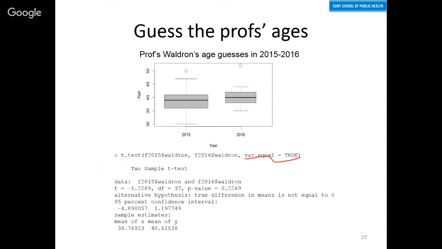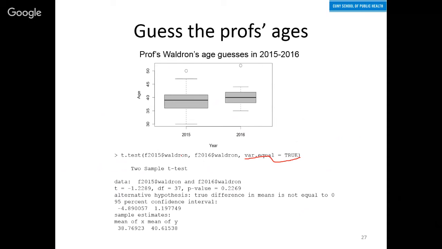No, it doesn't prove I'm immortal, and that's actually a good example of, as they say, that no evidence of a difference is not evidence of no difference.